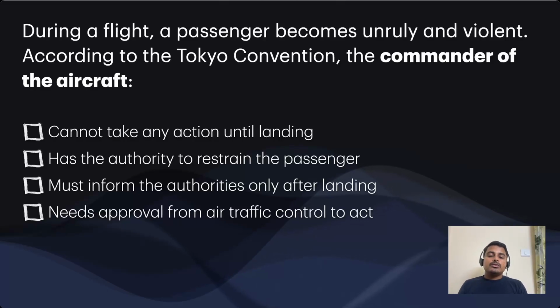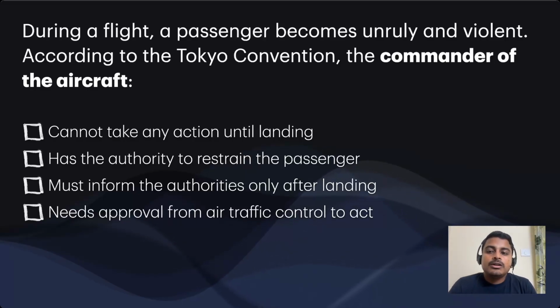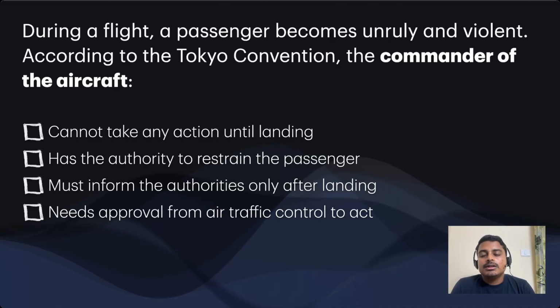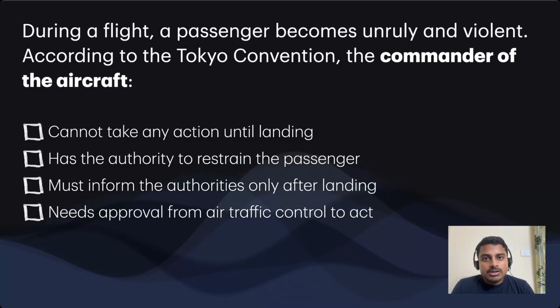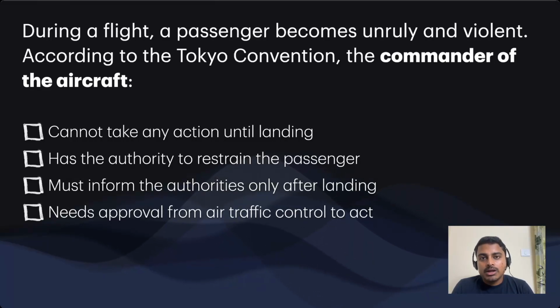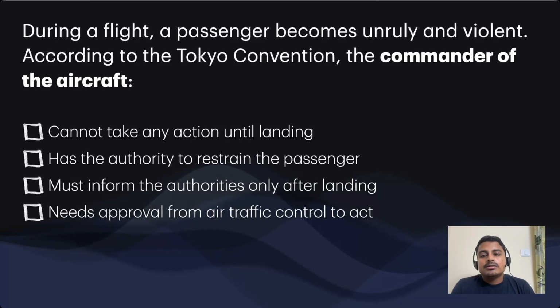So as part of the Tokyo Convention, the commander of the aircraft was given some authorities, right? So based on the offense that was committed on board, he has the authority to take some actions as per the Tokyo Convention.